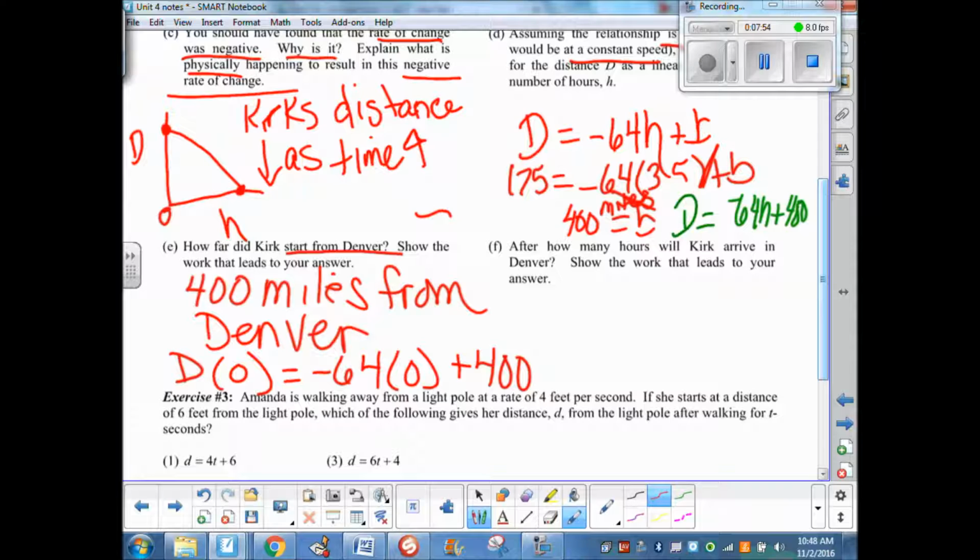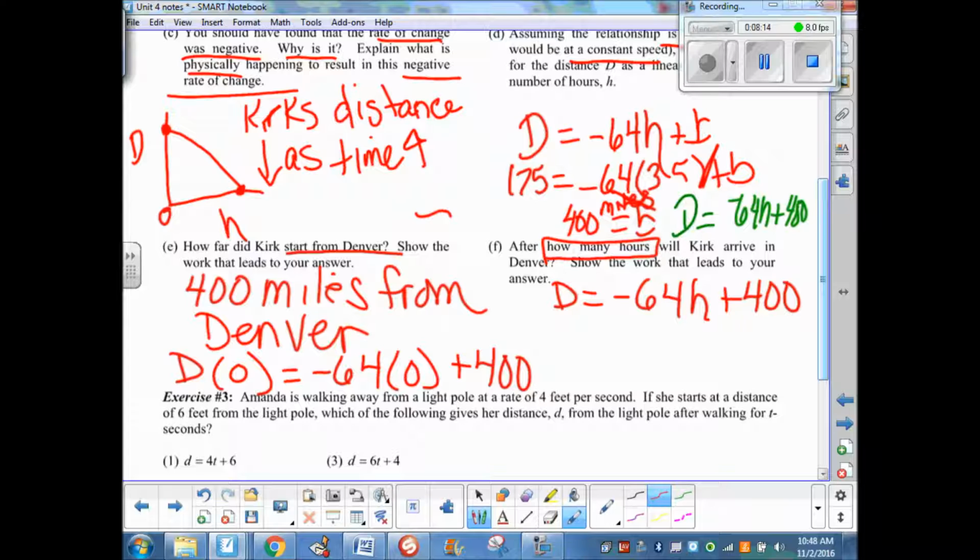After how many hours will Kirk arrive in Denver? Okay, so we're looking for our time here. Show the work that leads to your answer. We're going to, again, rely on our equation. We're looking for the h, so what would the d be when we're in Denver?